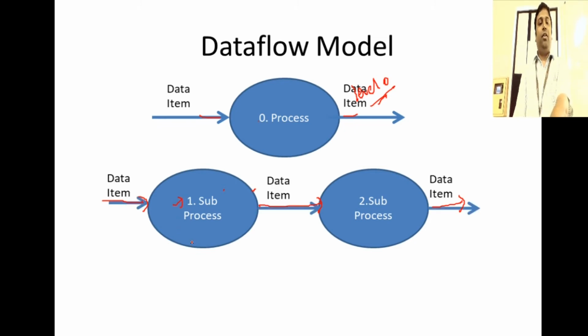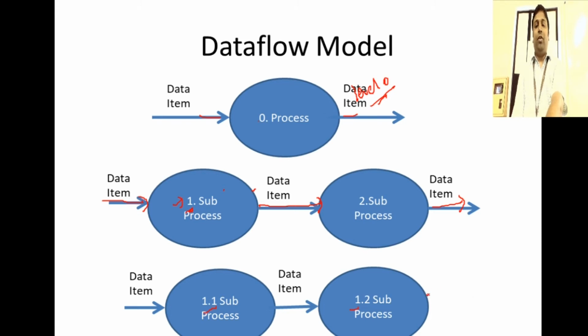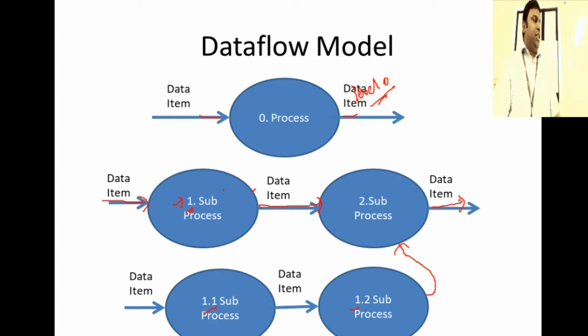And you see here, we are getting this 1 to be decomposed as 1.1 and 1.2. What will be the input to 1.1? The data item will be the input. It will process it and give it to another sub-process 1.2. And whatever comes out of this will be given to this process to get the final item. So it's just breaking a process into a series of sub-processes.